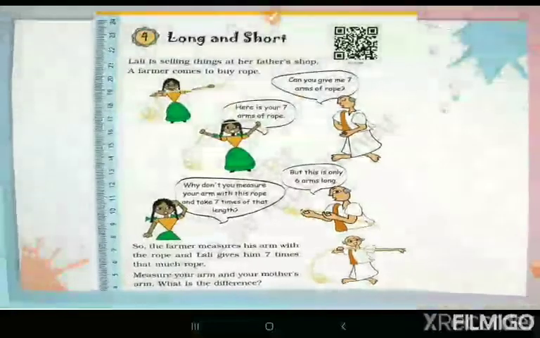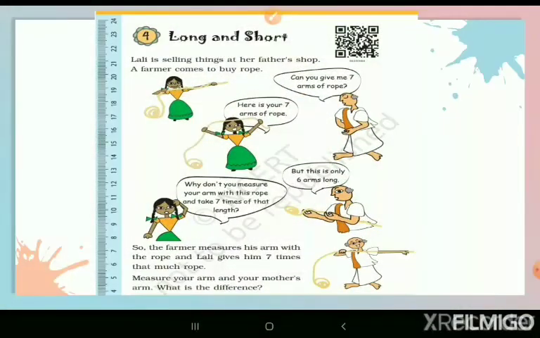Now children, I want you all to open page 46 of your textbook and let's see what is given there. Leila is selling things at her father's shop. A farmer comes to buy rope and he says, "Can you give me 7 arms of rope?" So Leila measures 7 arms of her rope and then gives it to the farmer. And what did the farmer observe?